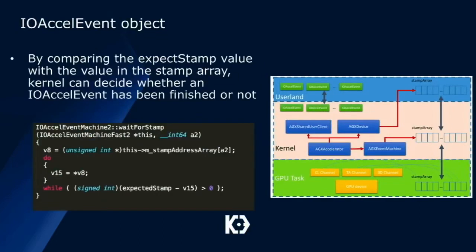To test whether a job instruction has been completed, you just need to compare the expected stamp value with the value in that stamp array.